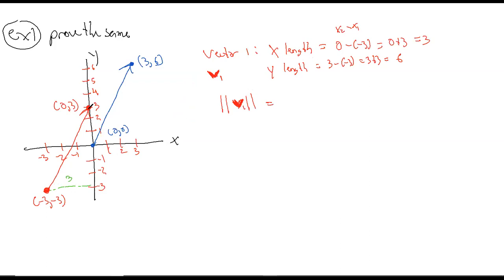That length is 3. And then that vertical length would be 6. So 3 squared plus 6 squared would be equal to this thing squared. You're going to take the square root of both sides. No surprise there. So square root of 3 squared plus 6 squared.